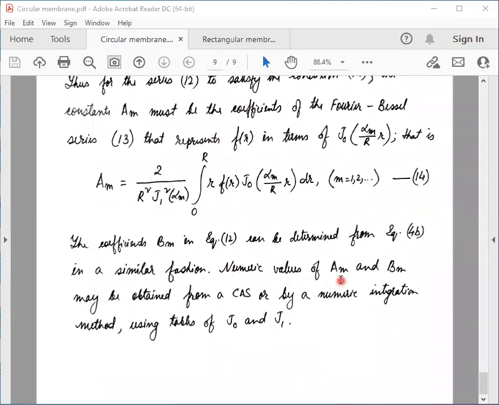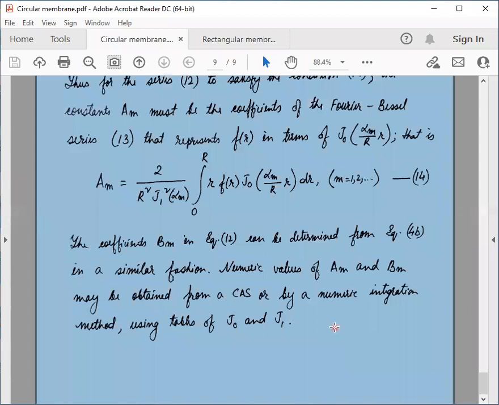Numeric values of am and bm may be obtained from a computer algebra system, that is a special type of software like Mathematica, MATLAB, and Python, or by a numeric integration method, which we're going to learn in your later classes, by using tables of J0 and J1.